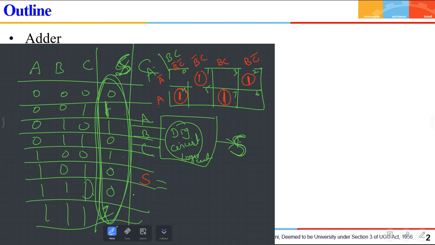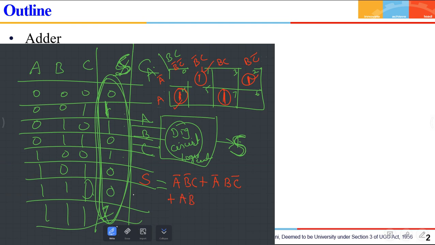See, what is the expression for this? Come on, tell me. A bar B bar C plus. What is the expression for this? A bar B C bar plus. What is the expression for this?